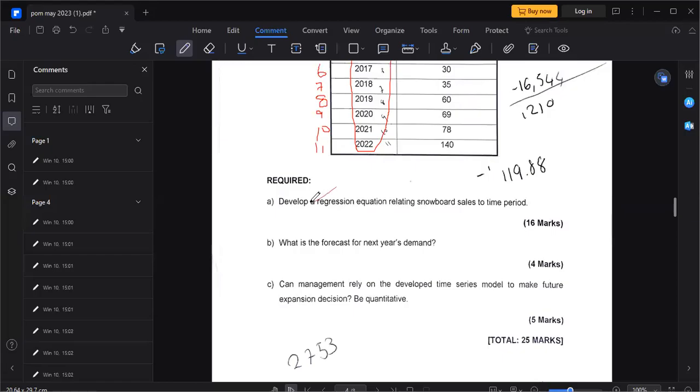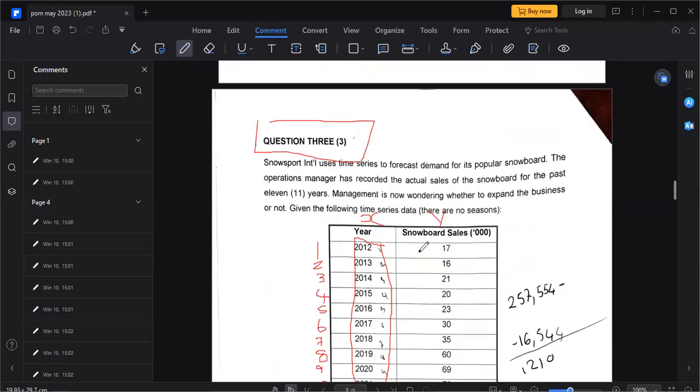So from here, the first question is asking us that we need to get what? We need to get the regression equation. Okay, from here, it says we need to develop the regression equation based on the year as X, the independent variable. The Y is the dependent variable.